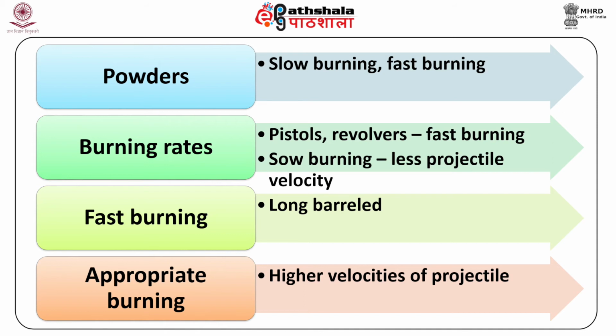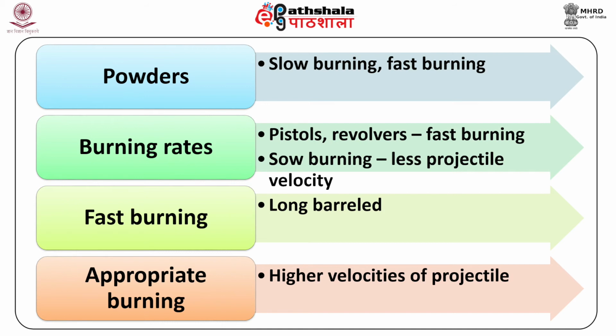For example, in pistols and revolvers, a very quick burning powder is needed so that the powder is converted into gases before the projectile is pushed out of the short barrel of the firearm. If slow burning powder is used, the projectile will not acquire the desired velocity.